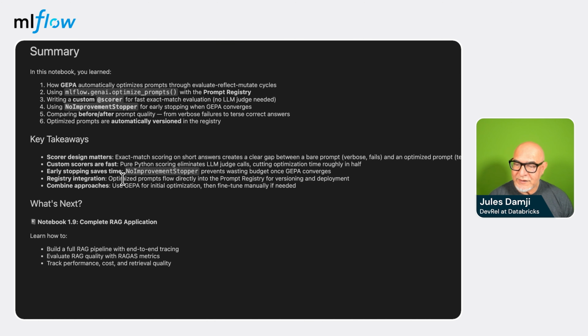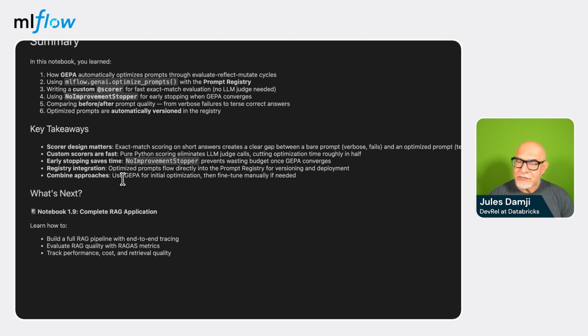So the key takeaway here is that score design matters, depending on what judge you use to score your difference, and it gives you the gap between the base prompt and the optimized one. You can use custom scorers because they're fast, they're Pythonic functions, so there's no LLM involved. Custom scorers in this instance are normally used when you have an exact match or factual data that you want to compare.